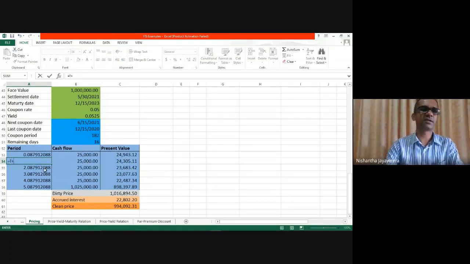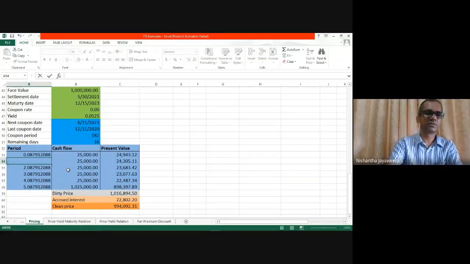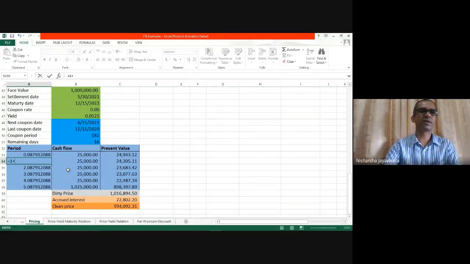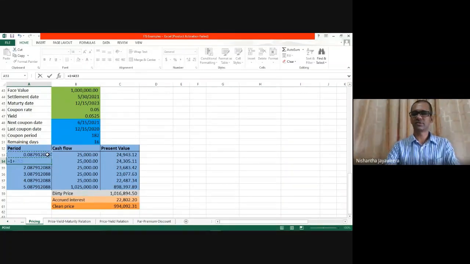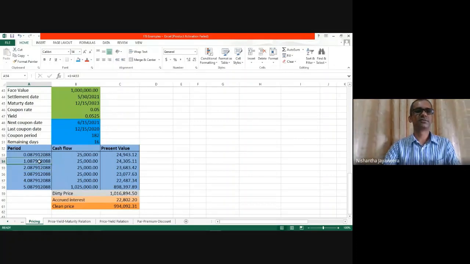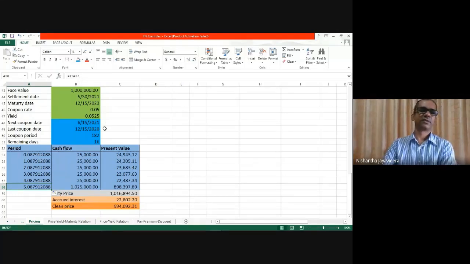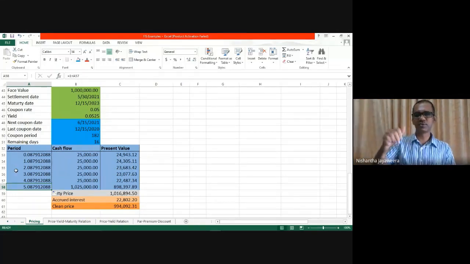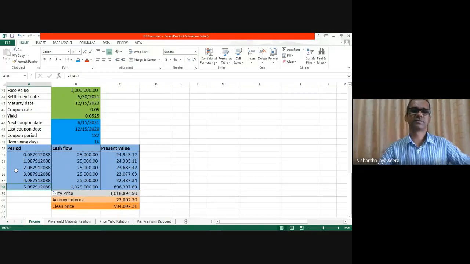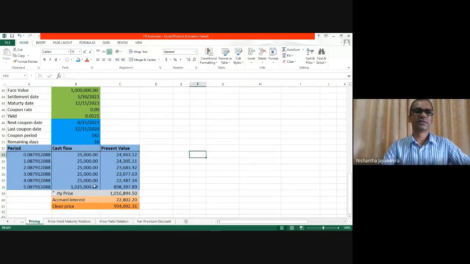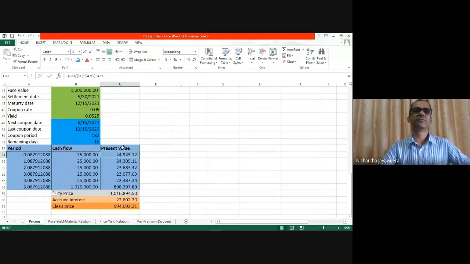Equal 1 plus this one. Then copy it, you get this. Okay, 1 plus the previous cell. Otherwise, you have to type 2, 3, 4. No need to do this. Then calculate the present value the same way.